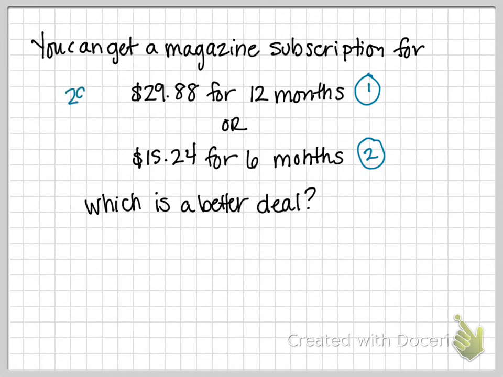Very good. 29.88 divided by 12. I don't have to move any decimals because I have a whole number in my divisor. So I just pop the decimal right above the dividend. So then we divide 2, 24, subtract, bring down.